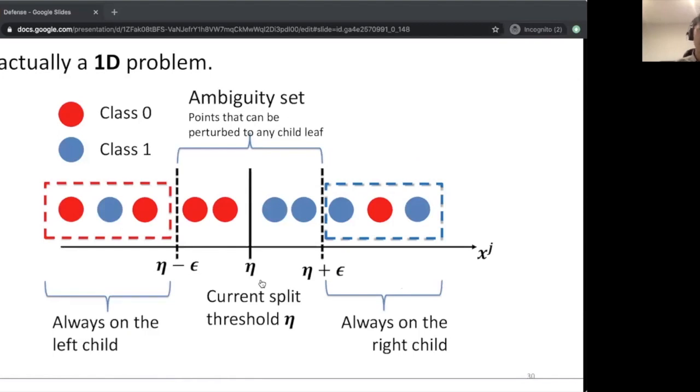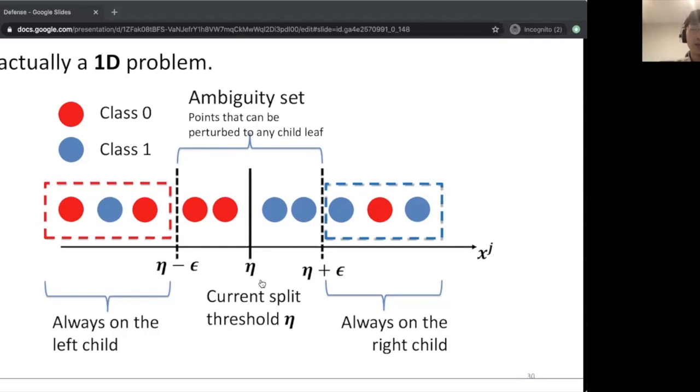Interestingly, this is actually a 1D problem. Given a specific feature J and a specific threshold eta, for perturbation in an L infinity ball with radius epsilon, only points within eta plus or minus epsilon can be perturbed to the other side of the decision boundary.